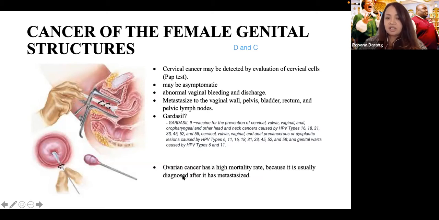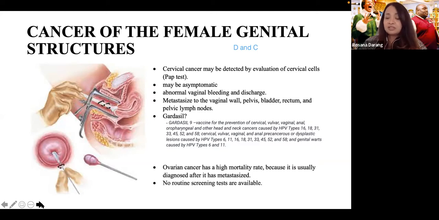Another cancer is ovarian cancer, which has a high mortality rate because, again, usually the diagnosis is late. It is frequently asymptomatic until it has advanced in stage and you start showing signs and symptoms, and that's when you start going to the doctor. Okay?